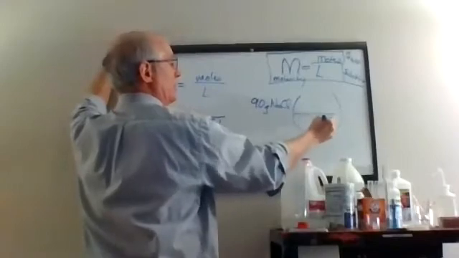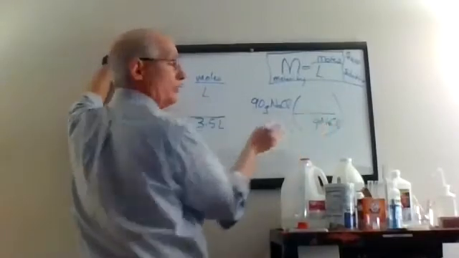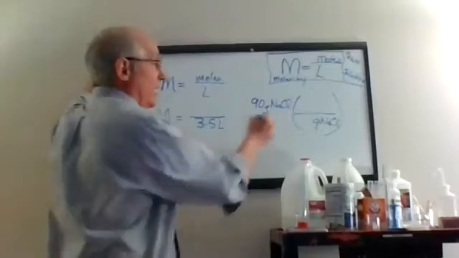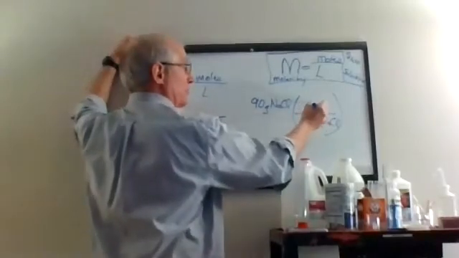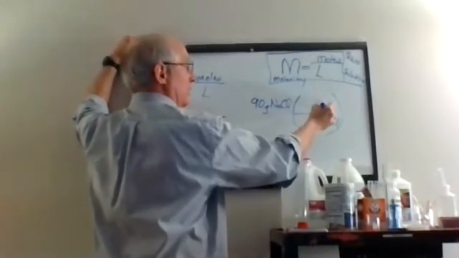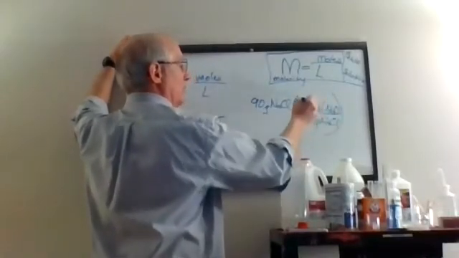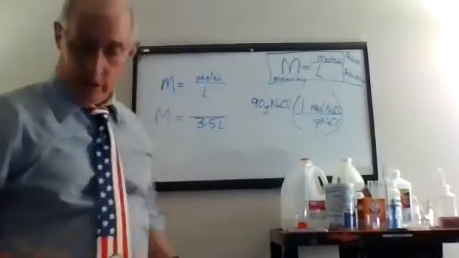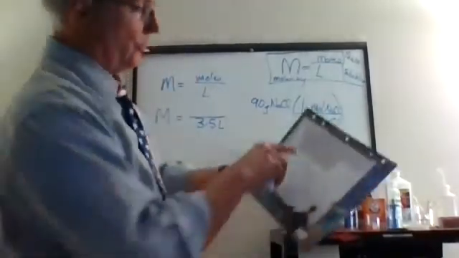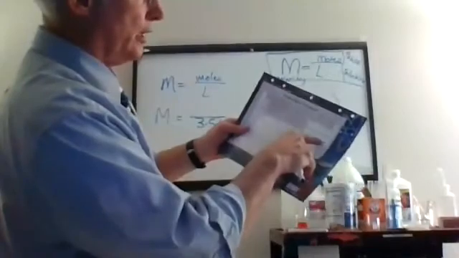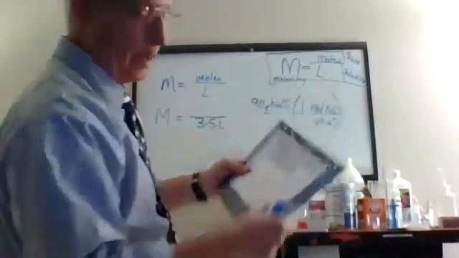grams of sodium chloride go down here, so they'll cancel. And moles of sodium chloride go up there, because that's where we're headed. And 1 mole of sodium chloride is how many grams? Well, sodium is 23 and chlorine is 35.5.